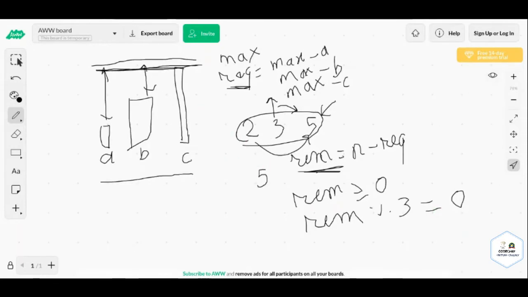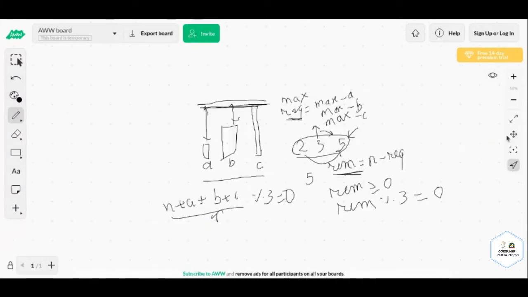There is one mistake that some of the guys were making: they were checking whether N plus A plus B plus C is equal to zero modulo 3 or not. Actually, this is wrong. Why so? Let's take an example.